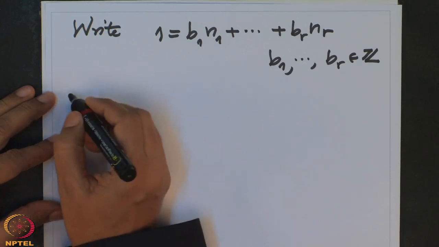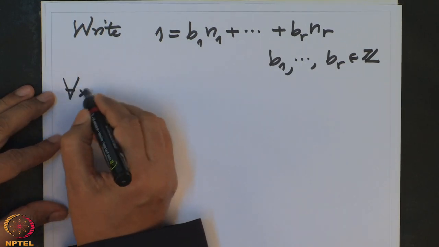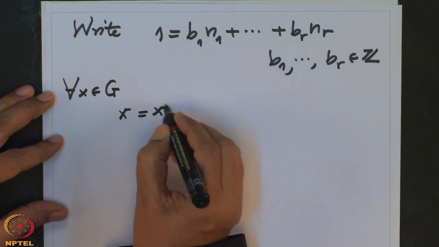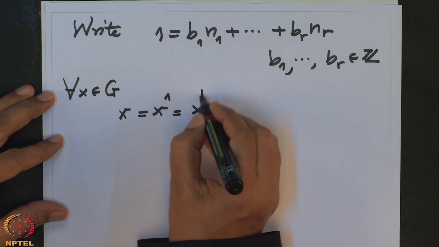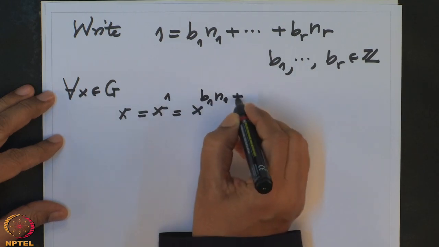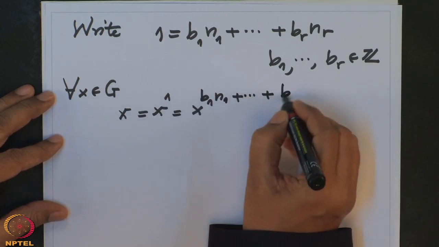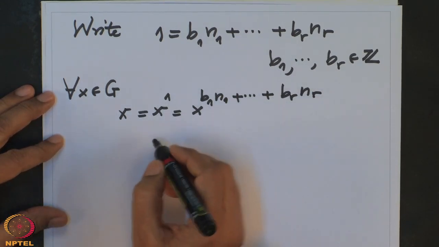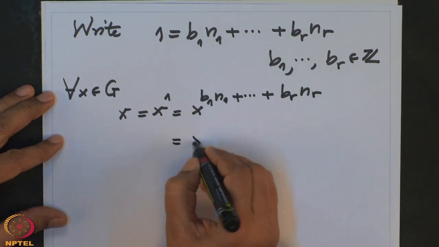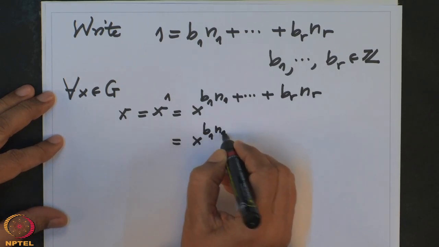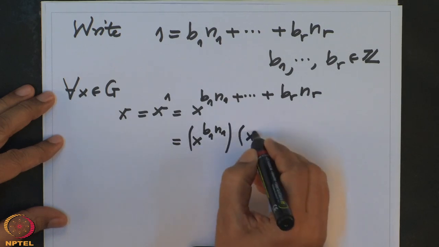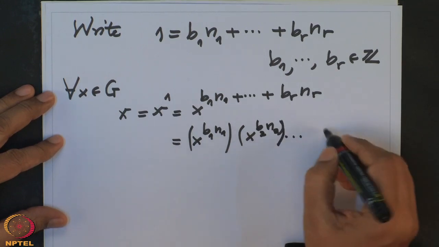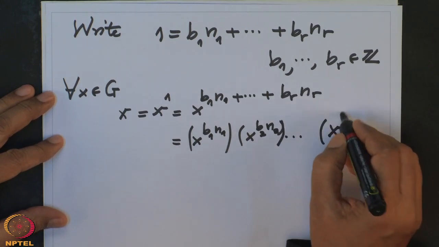Therefore, for every x in G, x equals x power 1, which is x power b1 n1 plus ... plus br nr. This is the same as x power b1 n1 times x power b2 n2 times ... times x power br nr.